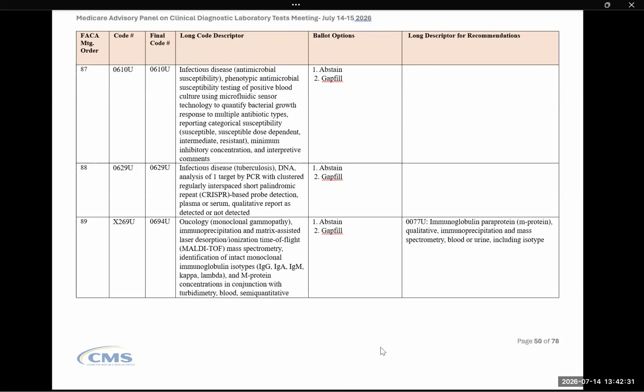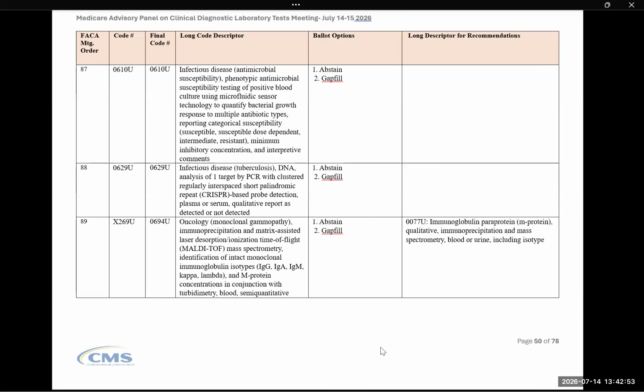So we did not feel, because of the different methodology, that that other phenotypic blood culture assay was an appropriate crosswalk, and we recommend gap fill. All right, thank you. Do we have any panel members or CMS who have any questions or comments about this code?